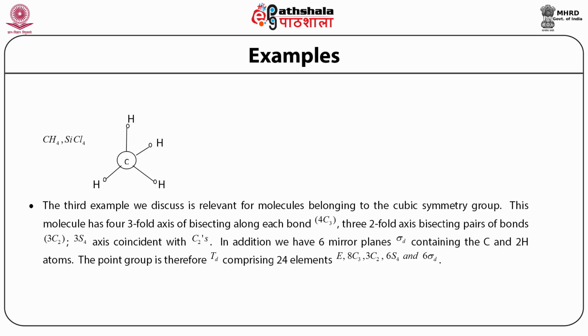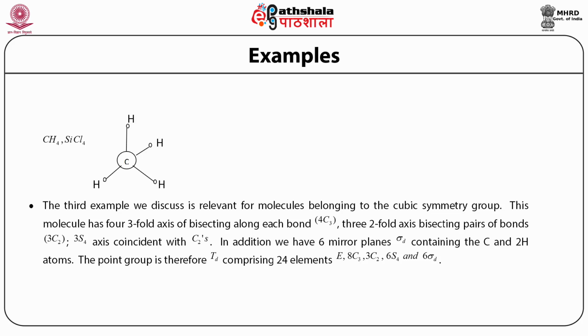So you have 4 threefold axes of symmetry, 4C3. Then you have 3 twofold axes of symmetry along the axis which bisects the pair of bonds. So these are 3C2. Then there are 3 S4 axes coincident with the twofold rotations.